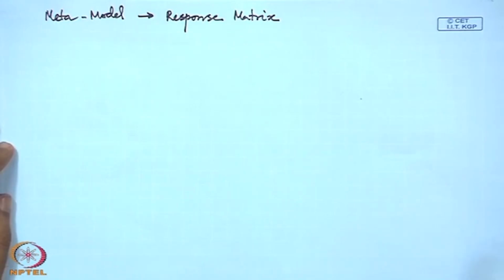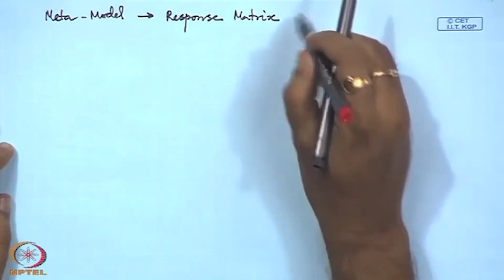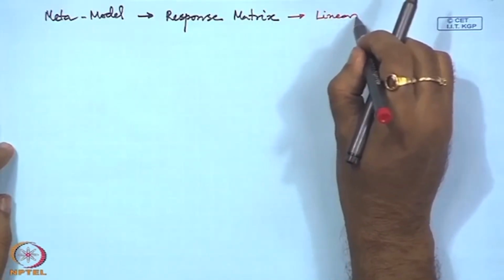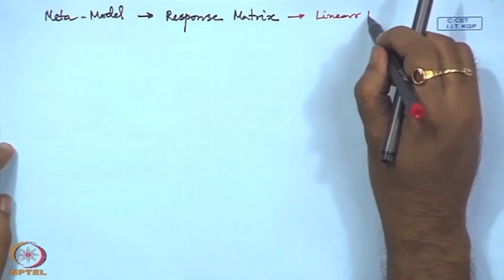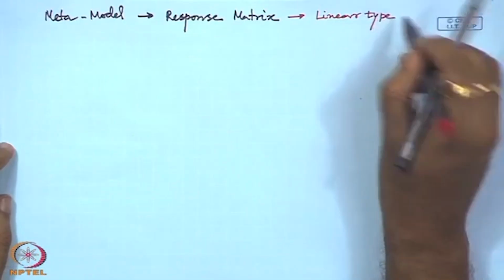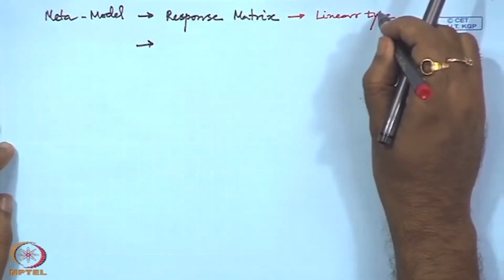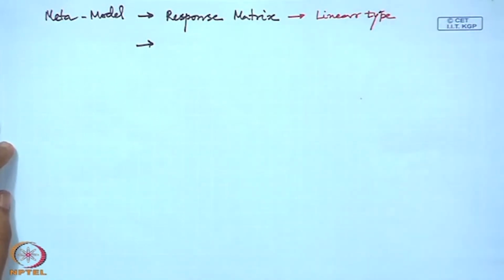So, what is the advantage of the response matrix approach? The advantage is that these are basically linear type. With the linear response matrix, we can easily form a linear model based decision model and quickly get the solution.